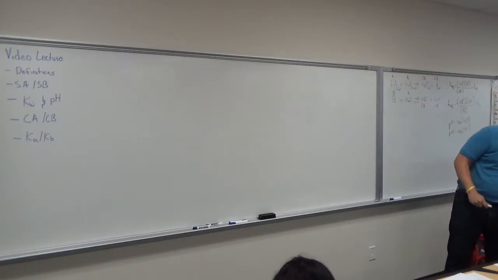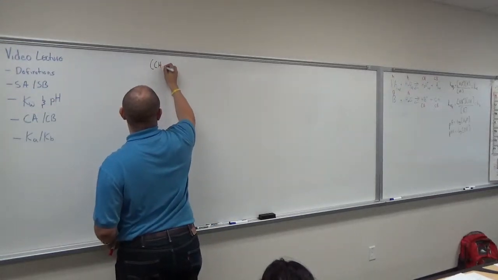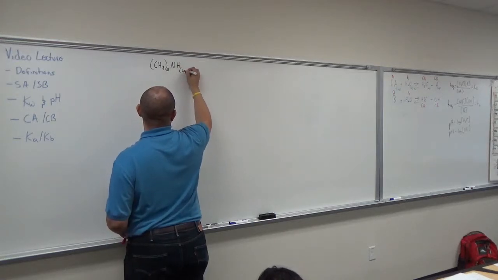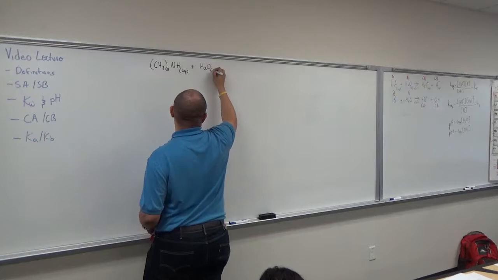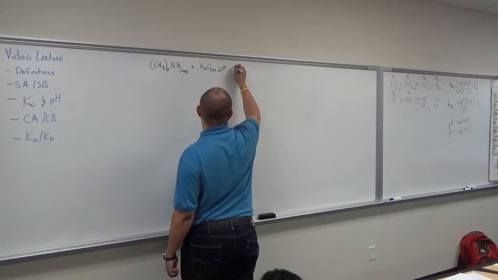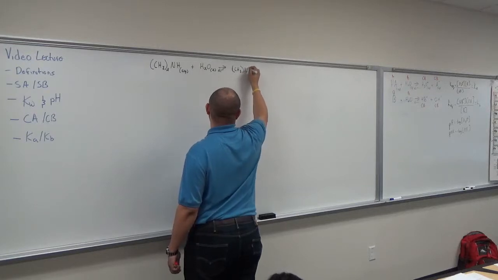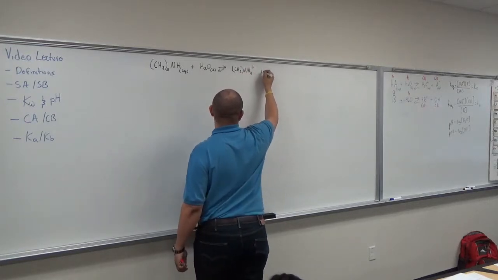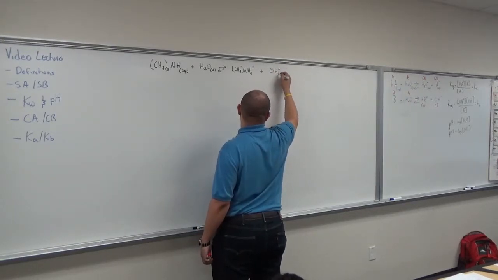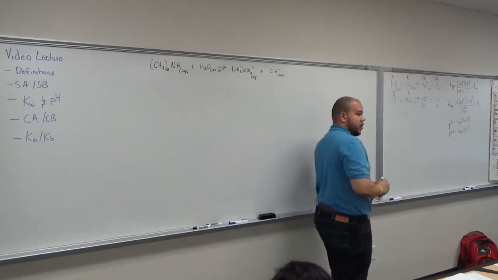So if we look at dimethylamine, (CH3)2NH, we have (CH3)2NH aqueous plus water liquid gives us (CH3)2NH2+ plus OH minus. All right, again, this is directly from the reference material. That's where I got the structure from.